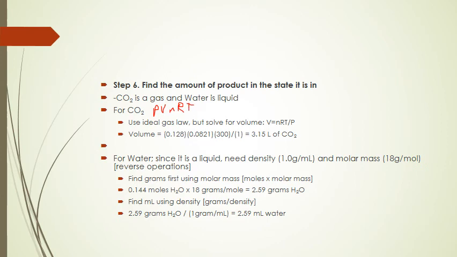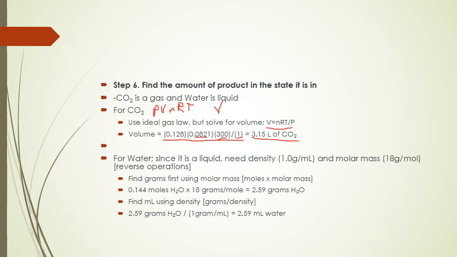Use the ideal gas law, solve for V and plug everything in. So V equals nRT over P. n is 0.128, R is this, 300 Kelvin divided by 1 atmosphere, and that's how many liters of carbon dioxide you're going to form.